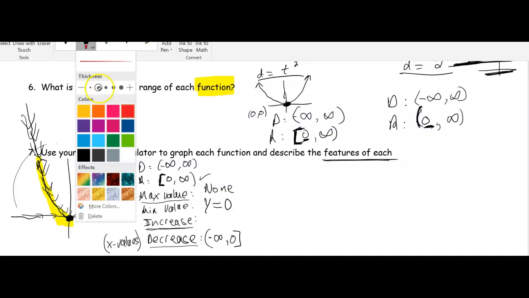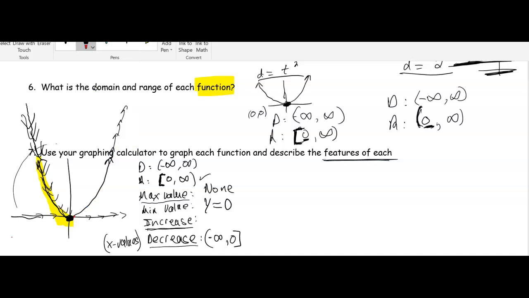All right, if I ask you for where you're increasing, once we hit this value, would we agree that this graph is now increasing after this point? Yeah, so our increase, we would start at 0, and then we increase the rest of the way. The further and further right we go, you're going to continue to increase. All right, and that's always your x values for the increasing and decreasing intervals.